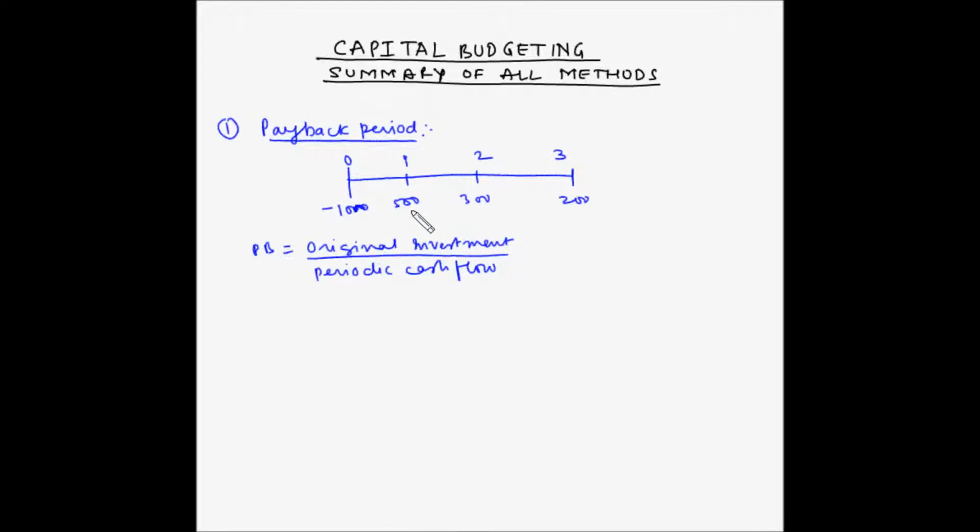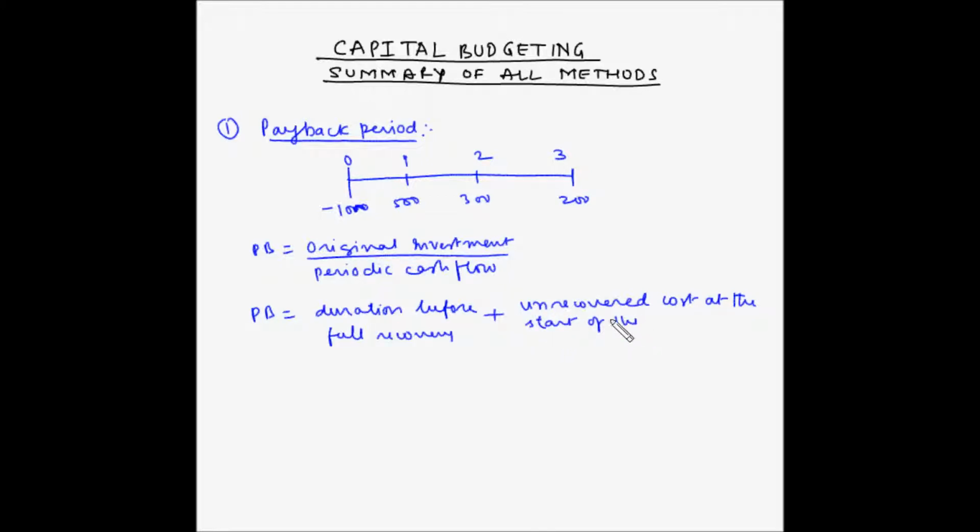However, if the cash inflows are not even, or in other words, it is like shown in the example here, then the payback period can be found out using the formula: duration before full recovery plus unrecovered cost at the start of the period divided by cash flow during that period.